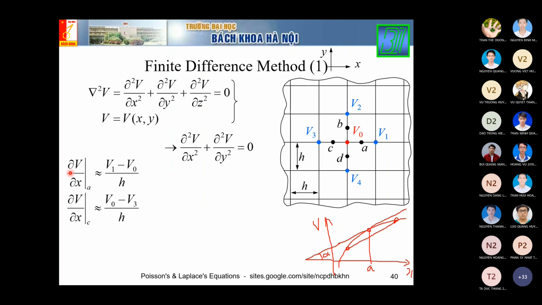This one is the first order differential, but the equation here is a second order one. So we try to approximate the second order differential by this one. The second order differential is a differential of the first order differential. So we got this. Combining this and this, we got this one.